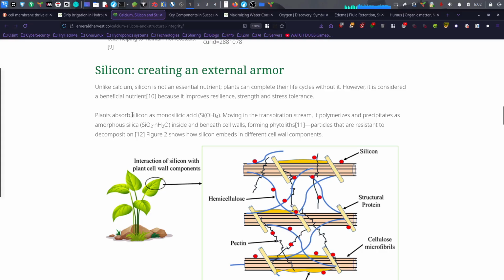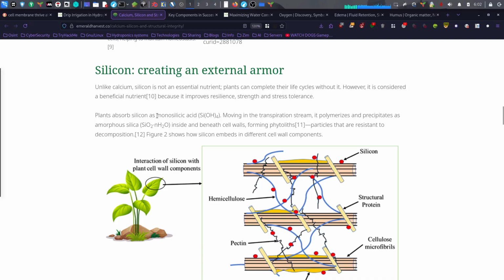Plants absorb silicon as monosilicic acid. Absorb means, I think, that the plant's roots take the molecule and put it inside themselves.